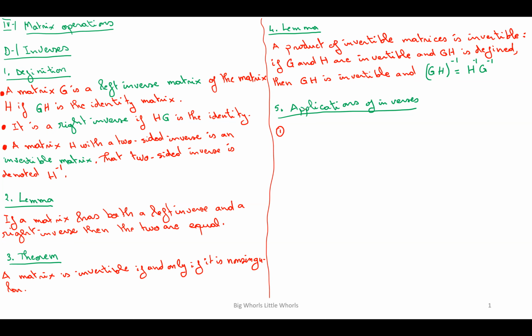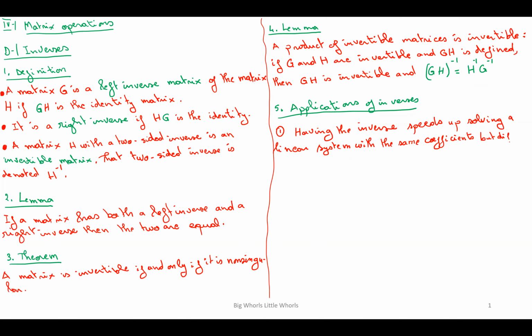The first reason why we need to find inverses is that having the inverse of the matrix speeds up solving the linear system, when we have a system with the same coefficients but different constants. I will show you shortly.